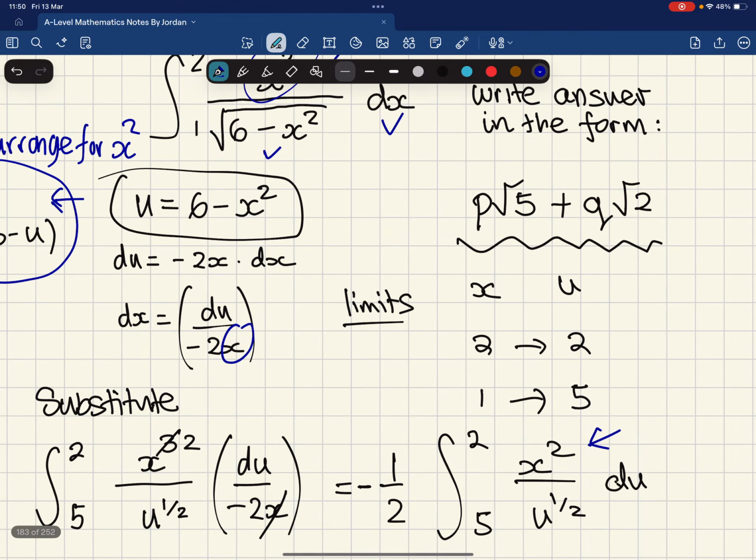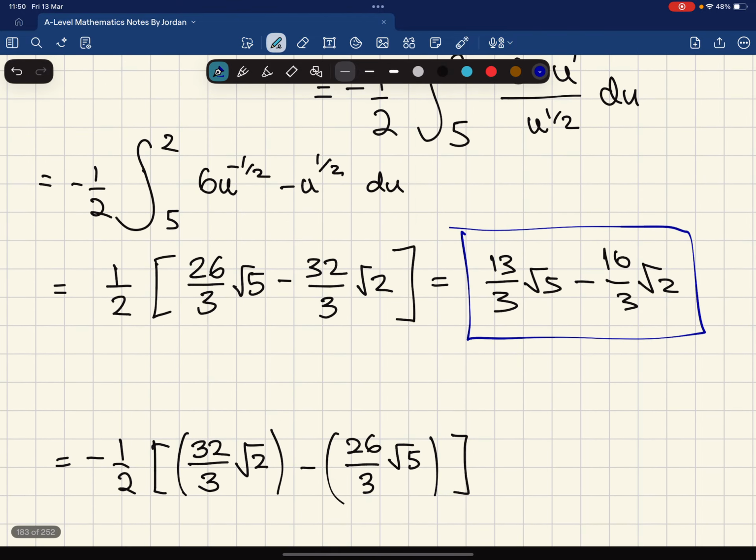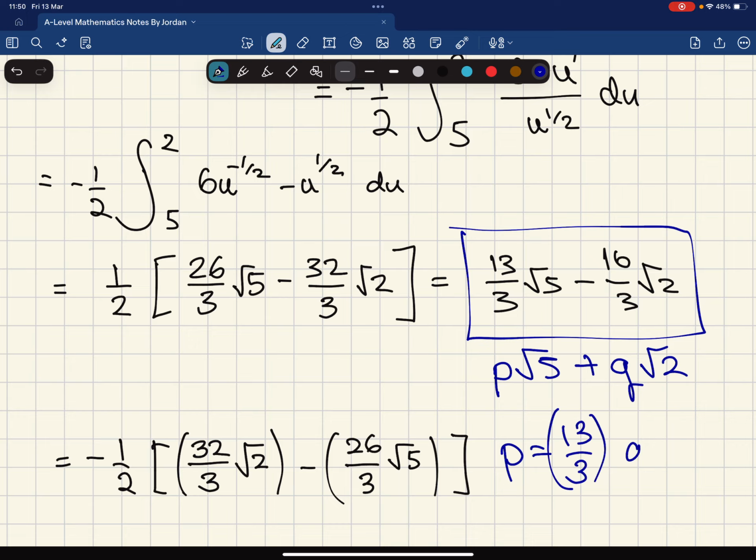If you look at the form, p root 5 plus q root 2, we have p root 5 plus q root 2, defining p as being 13 over 3, and q here actually being minus 16 over 3. Okay? So there we go.